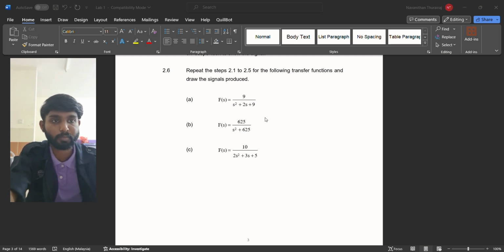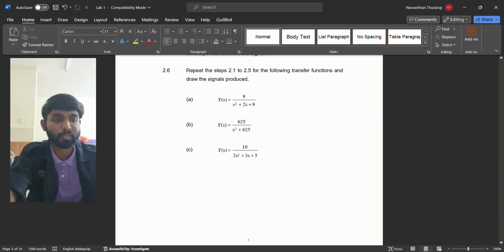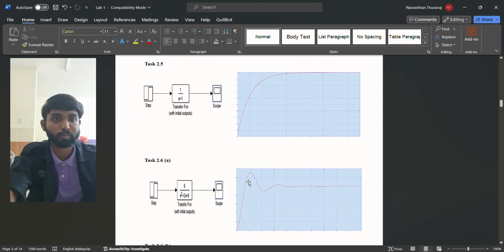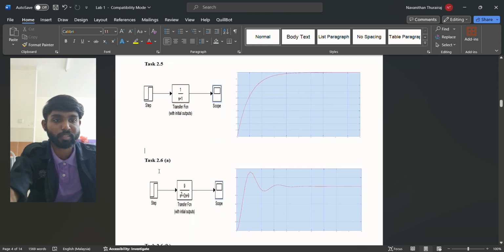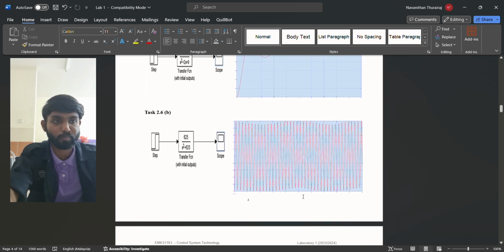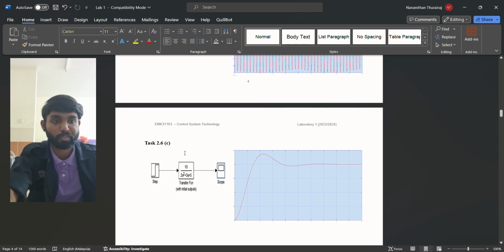Let's double check: s square plus 625. So we'll be simulating it, and with that, this is the graph. Now let us move on to the results, which are for task 2.5. This is the result for 2.6, 2.6b and 2.6c.